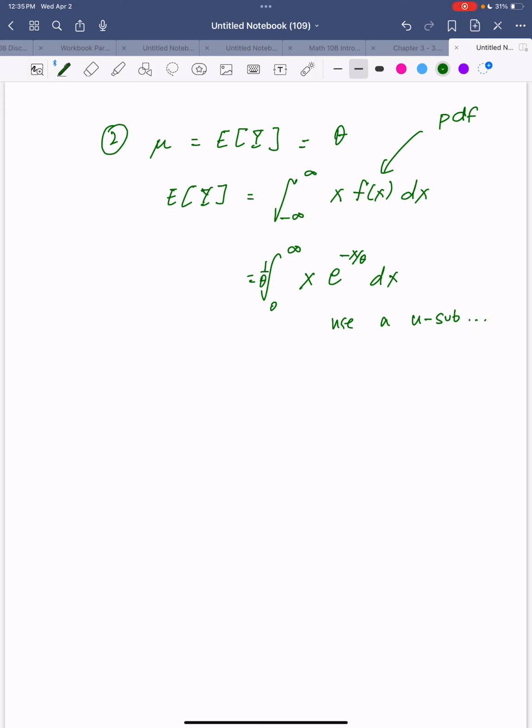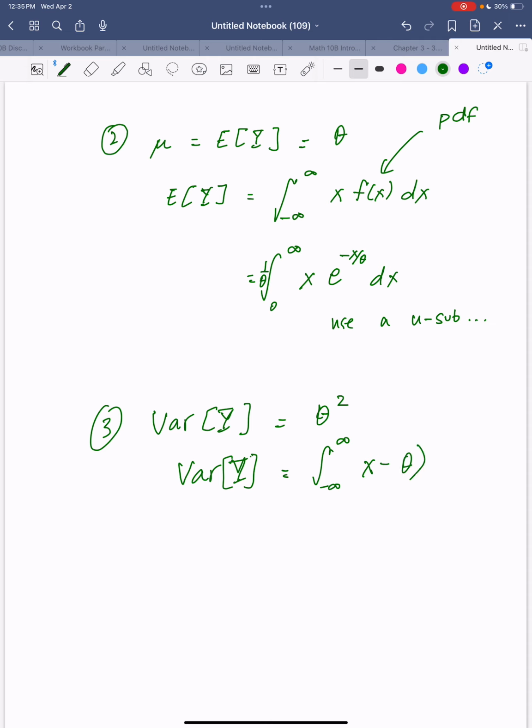Okay. And then the third is that the variance is going to be theta squared. And there's a formula we gave for the variance: it's the integral of x minus the expectation, squared, times f of x dx.